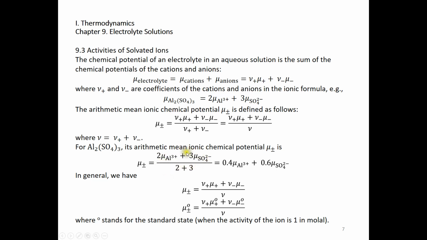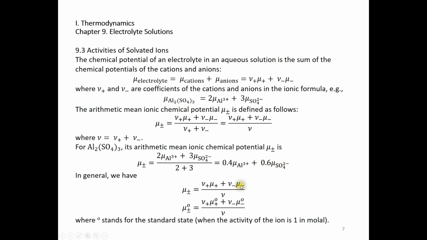So we're just taking the average over here. Mu plus minus is equal to 0.4 or 40% of the chemical potential of Al3+ and 0.6 or 60% of the chemical potential of sulfate.